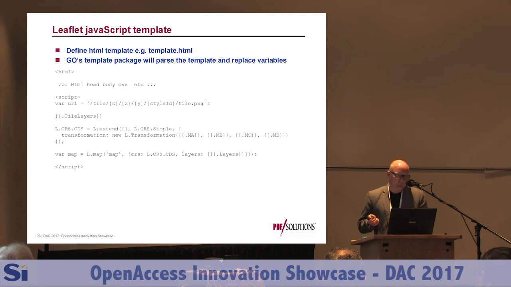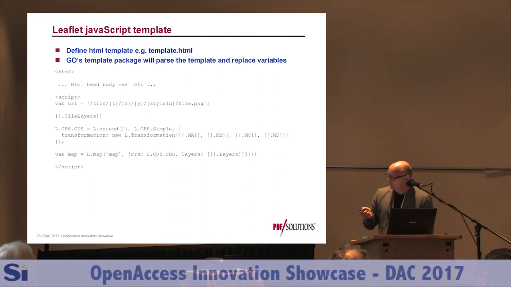Now the JavaScript. There is something nice in Go. Go has a so-called template package, meaning you can more or less replace variables within a template with actual values. We use this for defining the code you need to set up your map, or this Leaflet application.